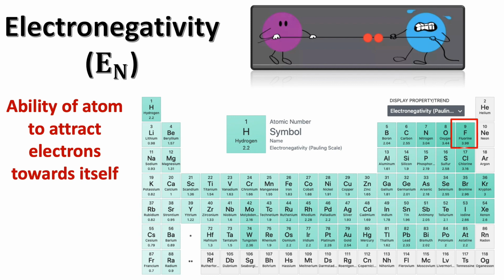Since the fluorine atom has the highest electronegativity value, which is nearly 4.0, fluorine is the reference atom for the electronegativity trend. For a bond to be classified as polar or non-polar, we need to look at the difference between the electronegativity of atoms bonded together in a molecule.